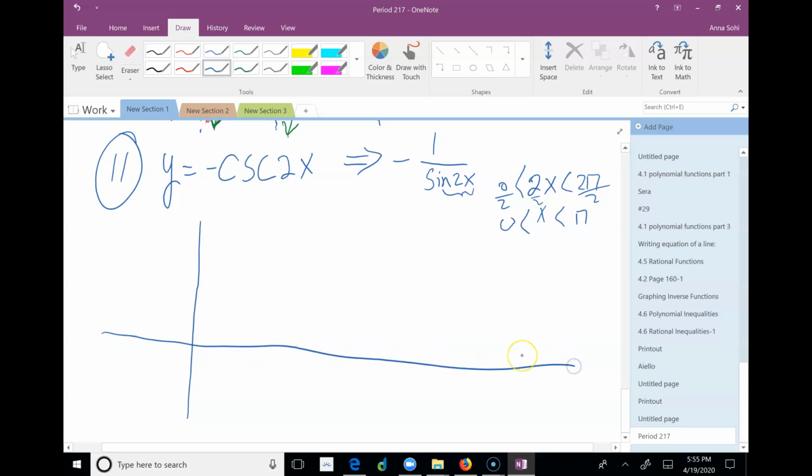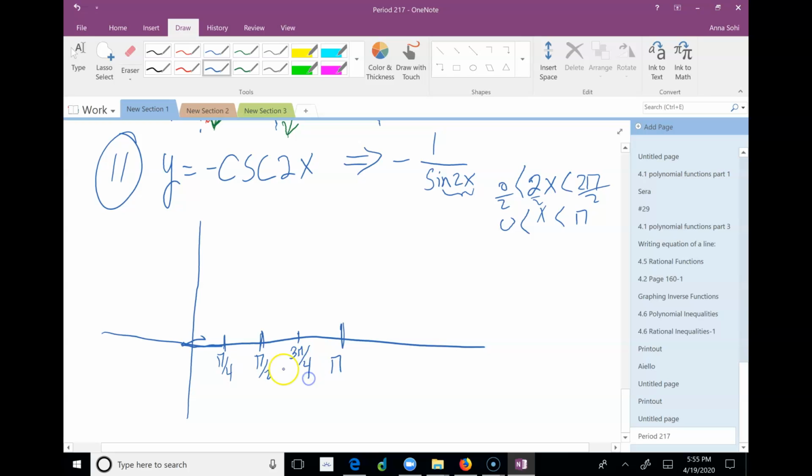again for one period, here is what you do. 0 to pi, and then half of that is pi over 2, half of that is pi over 4, half of that is 3 pi over 4, and going between -1 to 1.